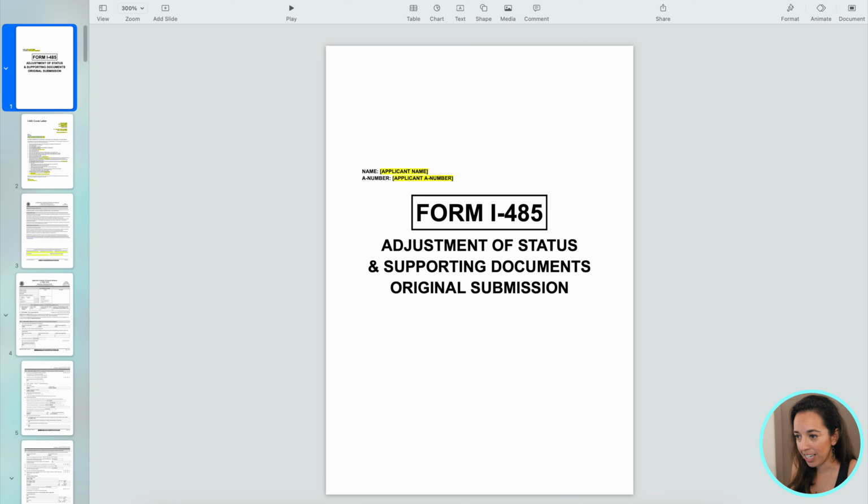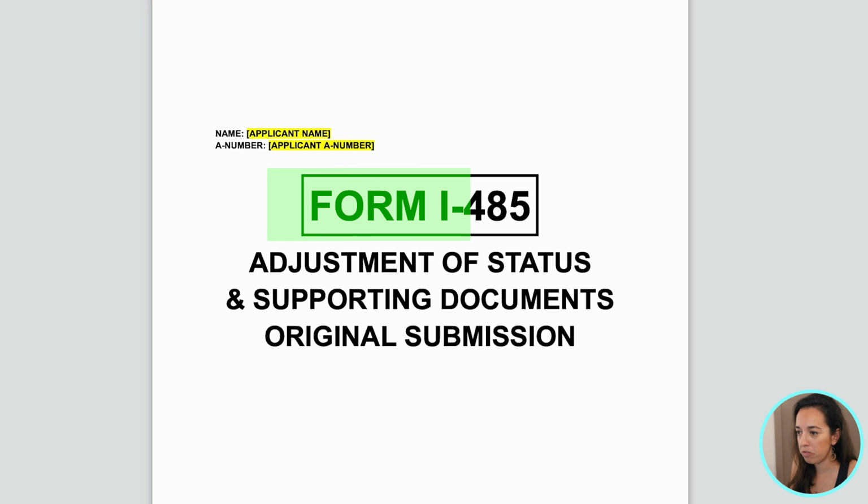So as you can see, it is titled Form I-485, Adjustment of Status and Supporting Documents. According to the guidelines, it's useful to list the applicant's name and A-number on the pages in case they get lost or misplaced, which is why we made sure we included it on every single page that we submitted.